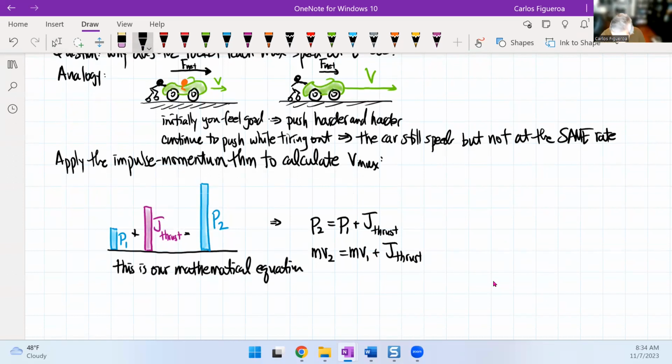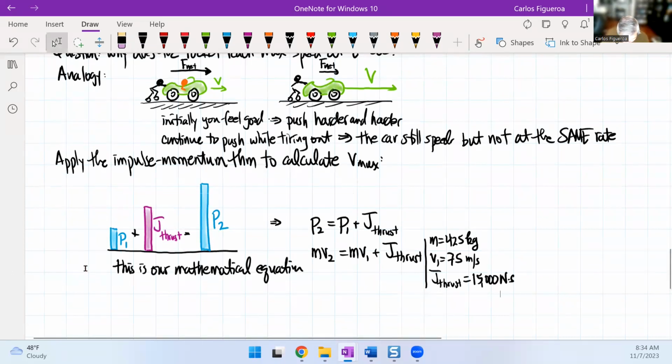So then I'm just putting in my values here. What do I know about the problem? The problem tells me that the mass of the rocket is 425 kilograms. We know that its initial speed was 75 meters per second. And we also know that the impulse that we calculated was 15,000 Newton seconds. So I could just put those numbers in.